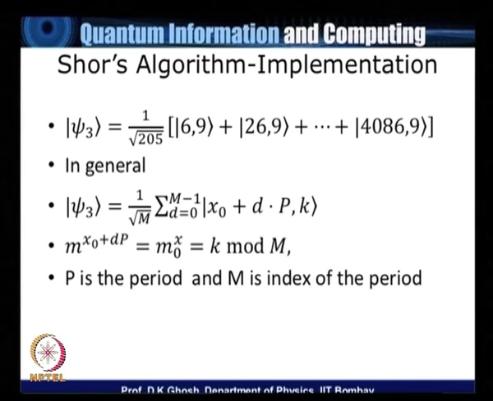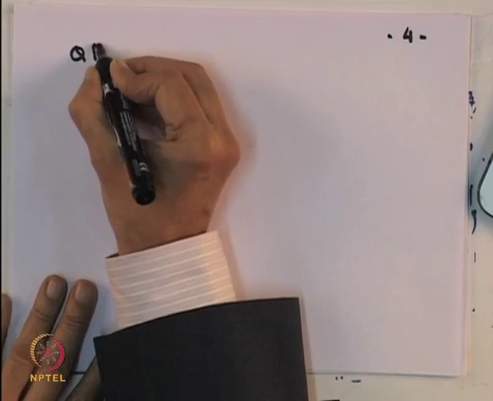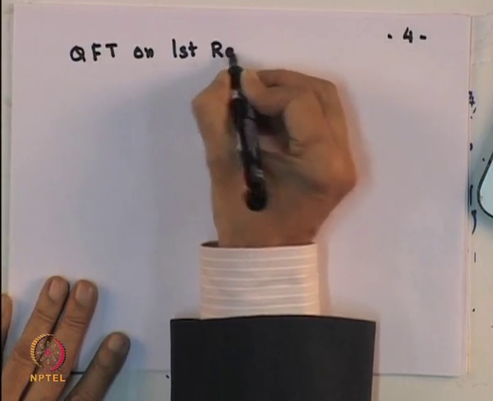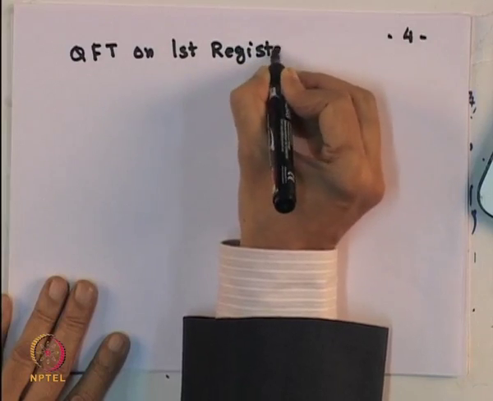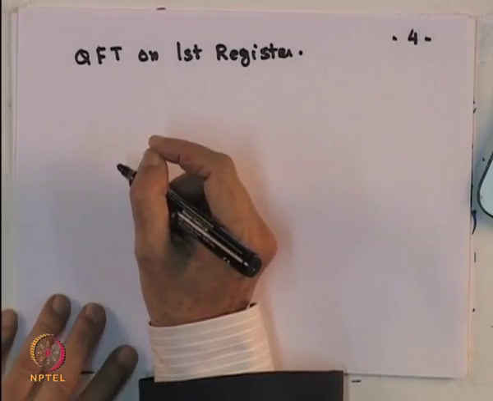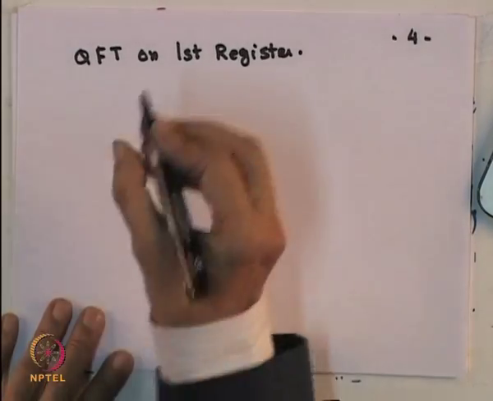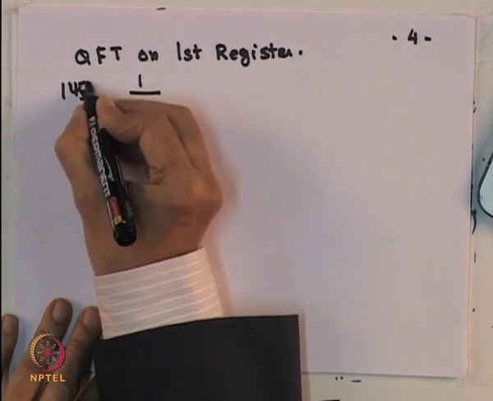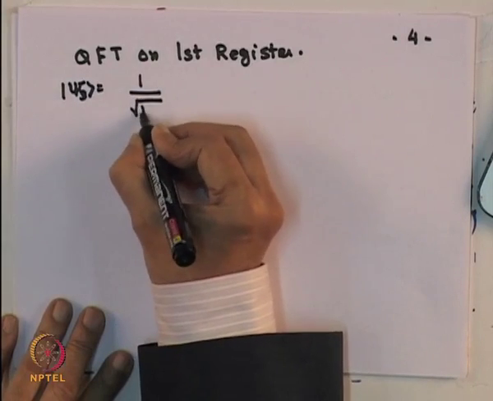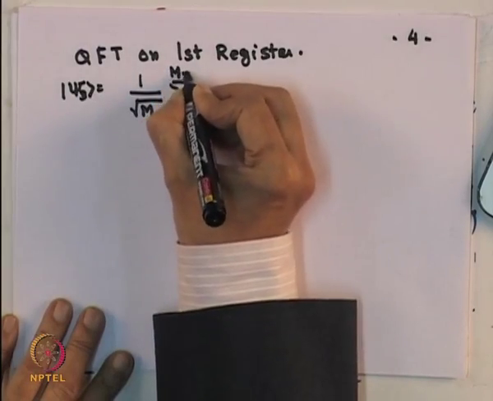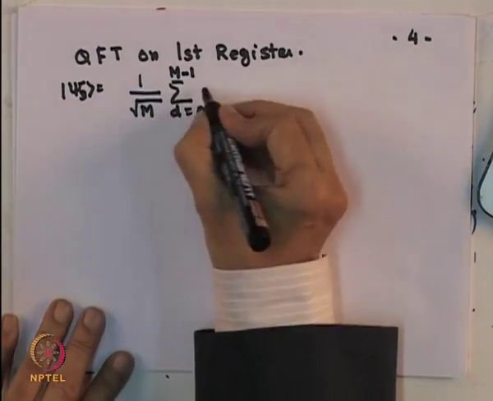Now at that stage, we will apply QFT on the first register. This requires a bit of algebra, but let's look at what I am getting. So we had, in principle, psi 3, let me write it down, equal to 1 over square root of m, sum over d equal to 0 to m minus 1, which is just the running index of which period it's in.